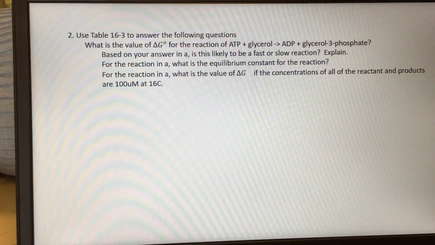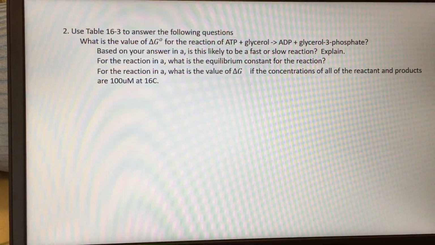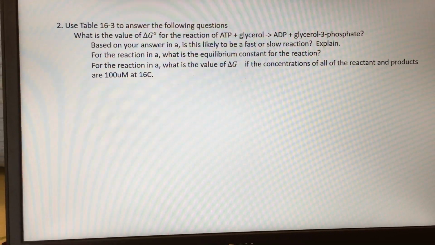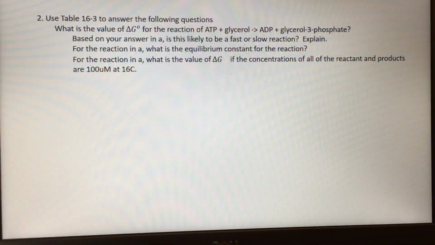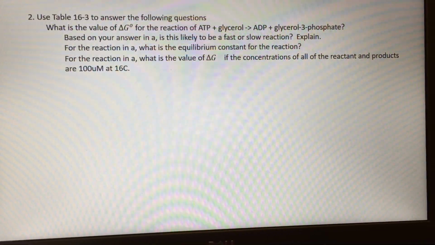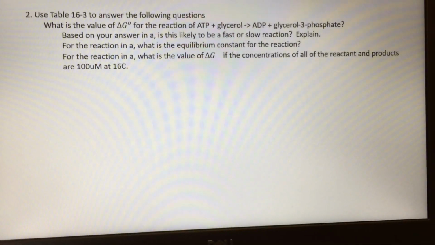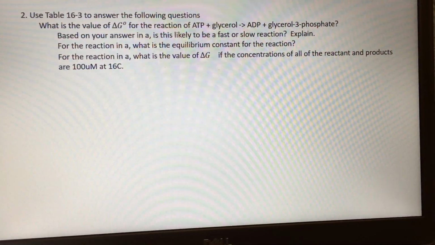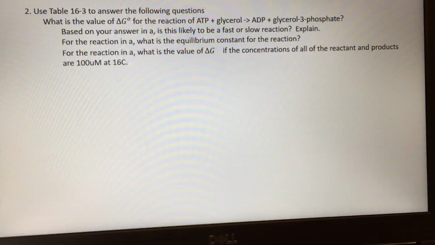The part A delta G0 value tells us about the energy difference between the reactants and products. It says nothing about transition state energy, so we can't actually determine if this is a fast or slow reaction because we're not given any information about the activation energy. We're only given information about the final energy change of the reaction.